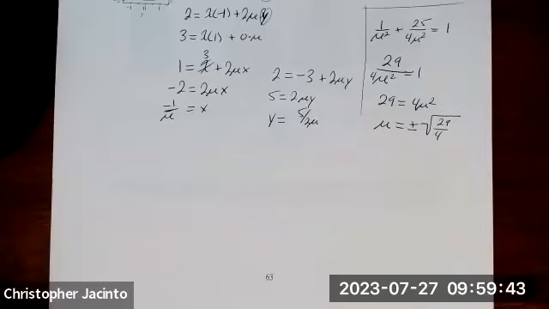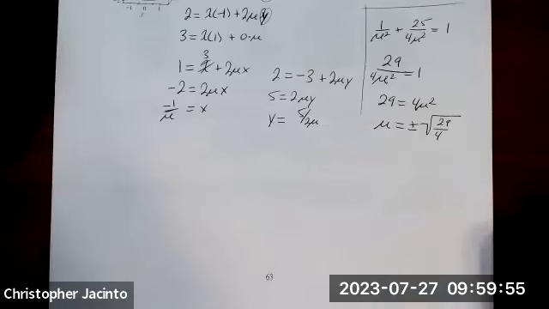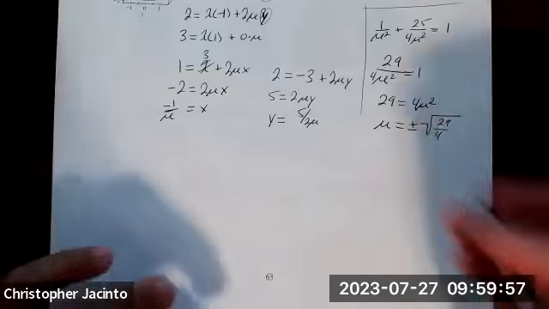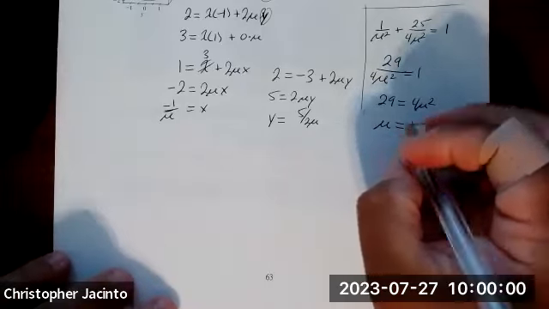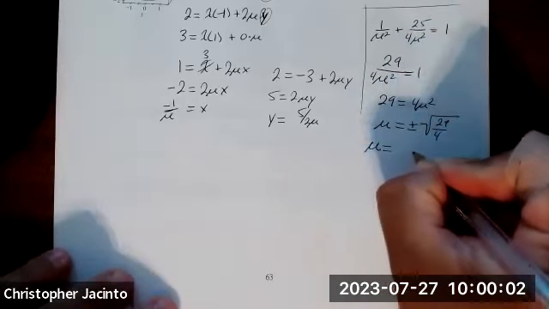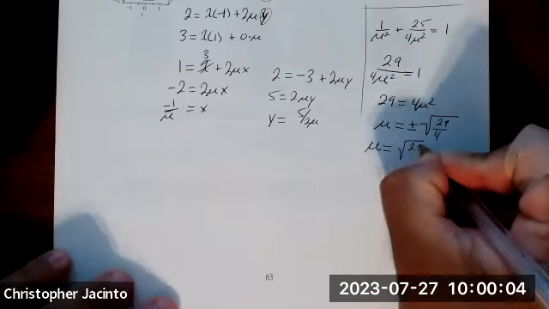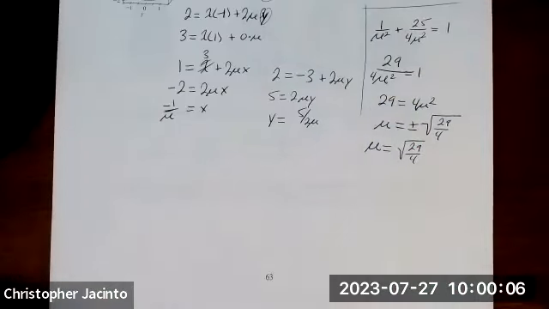Now, the Lagrange multiplier cannot, well, can it be negative? I guess it can be negative because it's arbitrary. But just because I know the answer, we're just going to plug in the positive. We're just going to make mu equal positive of that.